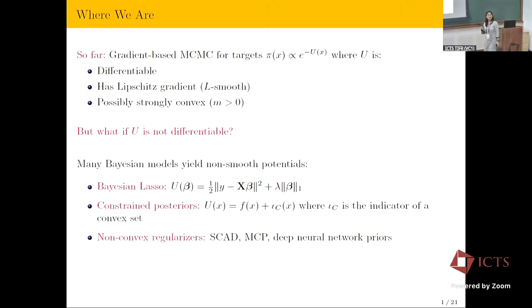So recall, U is the potential, or the part in the exponent without the negative, of a target density. And in many, many modern models, U is often not differentiable because non-differentiable functions, particularly non-differentiable prior distributions, induce some sort of sparsity in the model, pushing parameters towards zero.